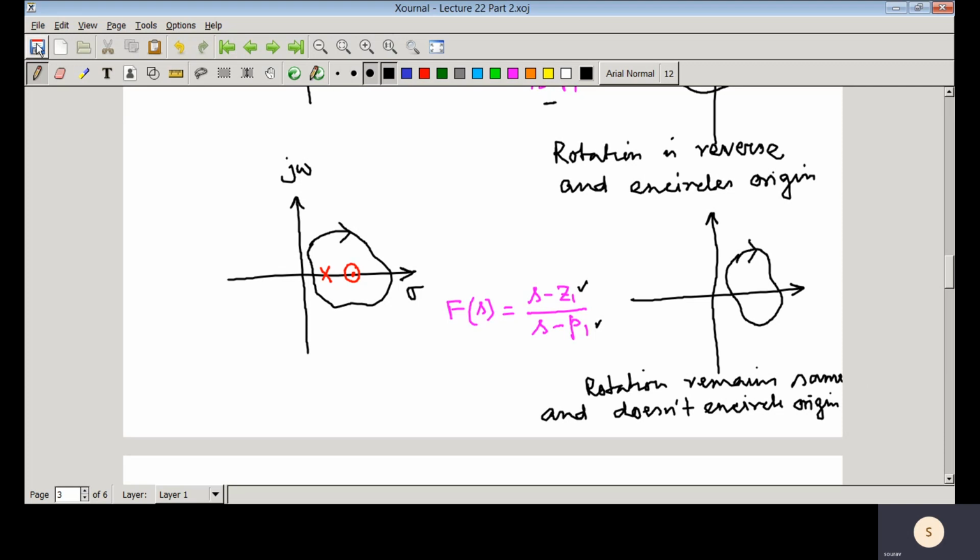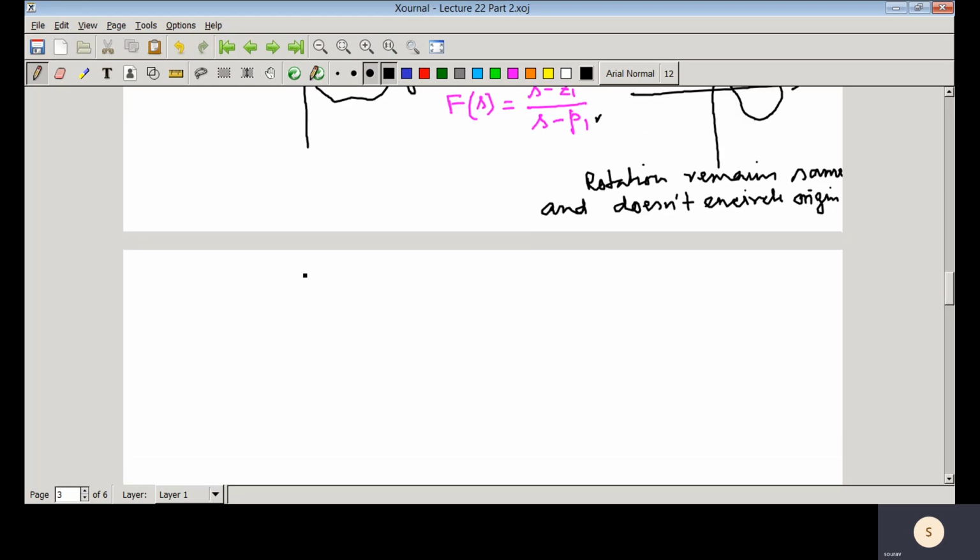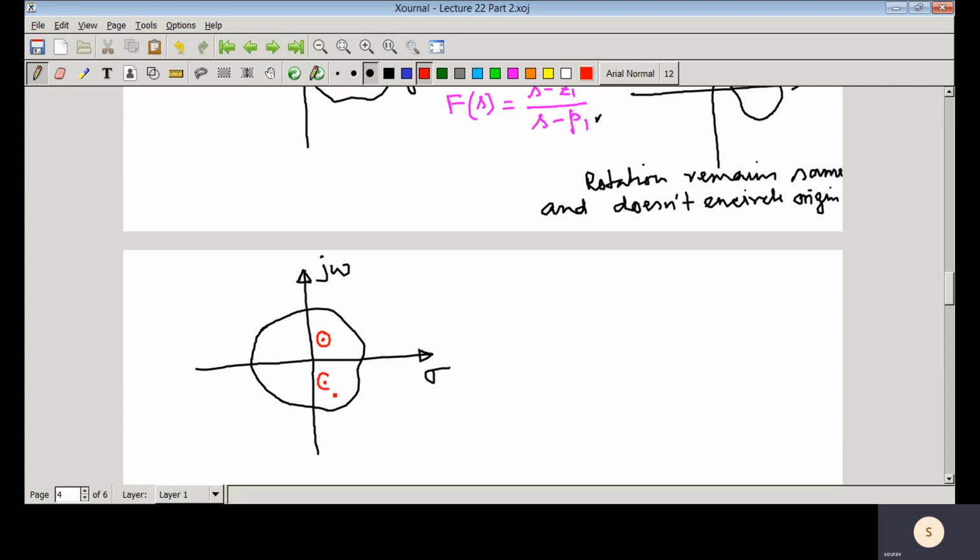Now let us see a function which has some extra poles or zeros. Suppose we have sigma here, and this is j omega. Suppose we have a contour like this. Inside that contour, say we have two complex conjugate zeros, here and here, and suppose one pole.